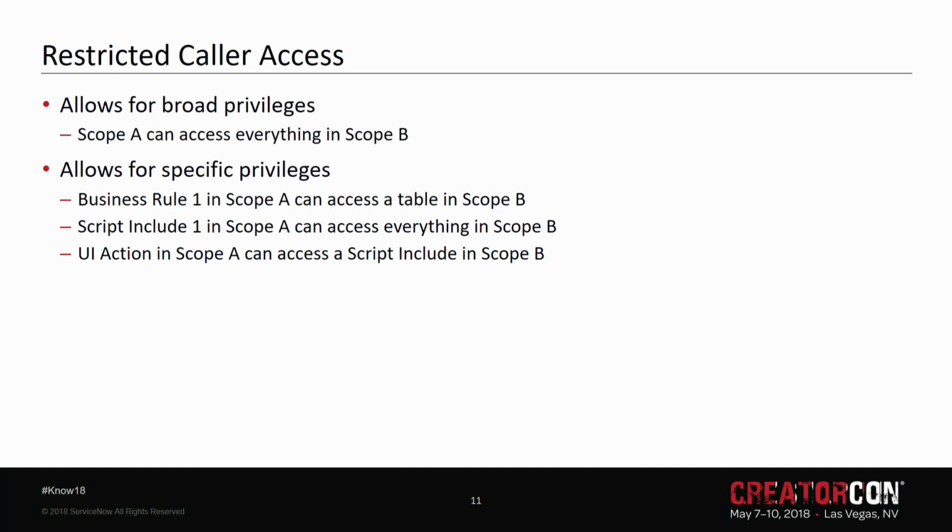So I don't believe that we will accidentally allow for a transitive access, if that's what you're worried about. When the script include function from app B is running, I believe it is running within the context of application B.